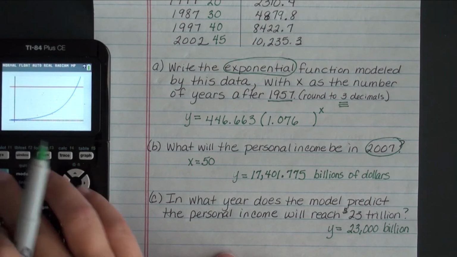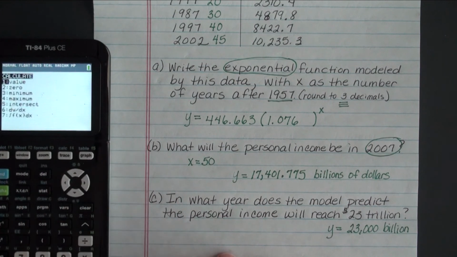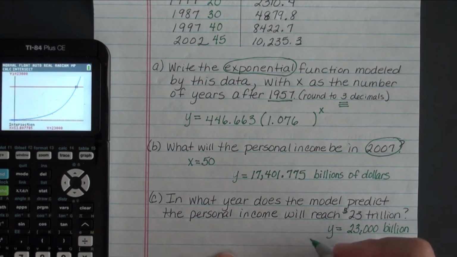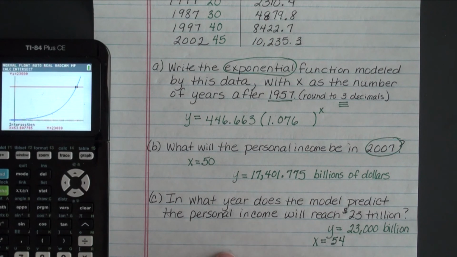So second, trace, command number 5, which is intersect, and then press enter 3 times. And I get x equals 54 if I round to the nearest whole number.